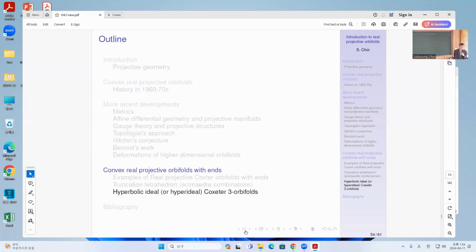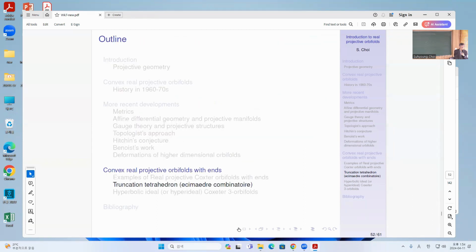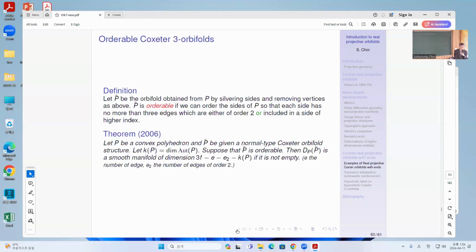The proof is very combinatorial and algebraic. You can track these using an algebraic system very easily. These are all for the compact cases, but my work will also work for the ones which are not compact.